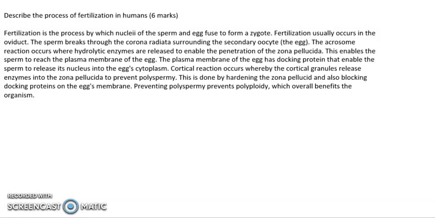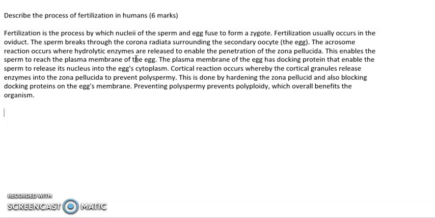And we've also scattered some extra facts in there because IB biology has those tiny points, such as fertilization occurring in the oviduct, and the blocking of docking proteins on the egg membrane. Those tiny mark points scattered throughout are complementary to the explanation itself. So I'm trying to get those marks as well.